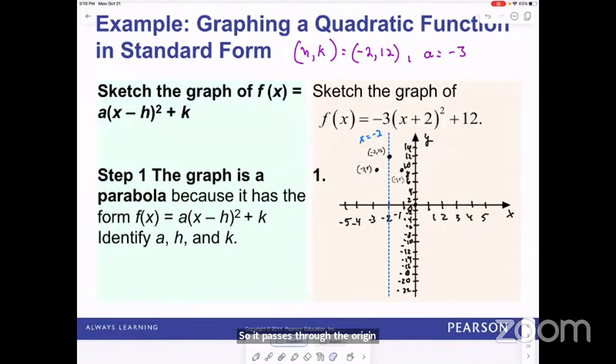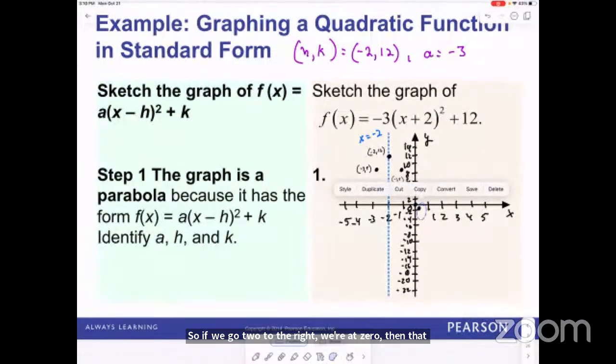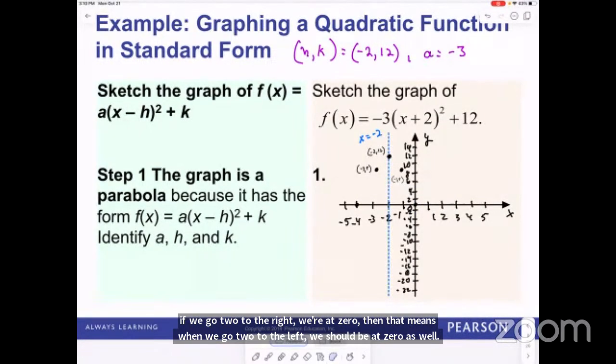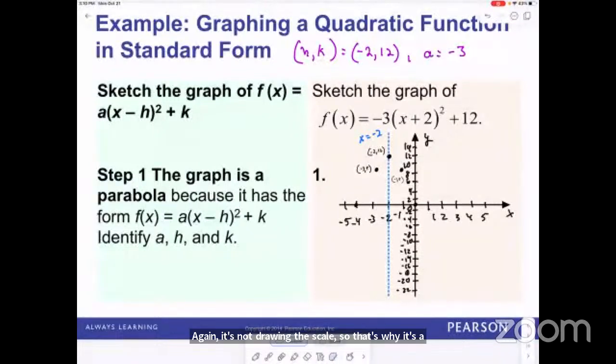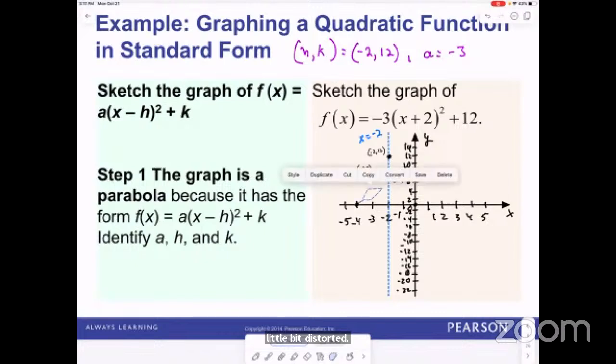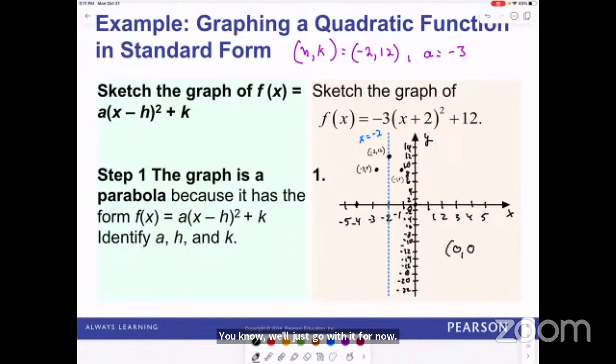Then that means when we go 2 to the left, we should be at 0 as well. Again, it's not drawn to scale, so that's why it's a little bit distorted. We'll just go with it for now. Negative 4, 0.